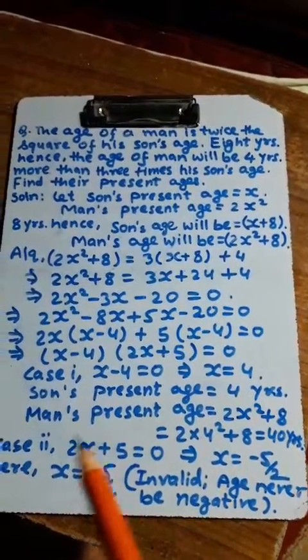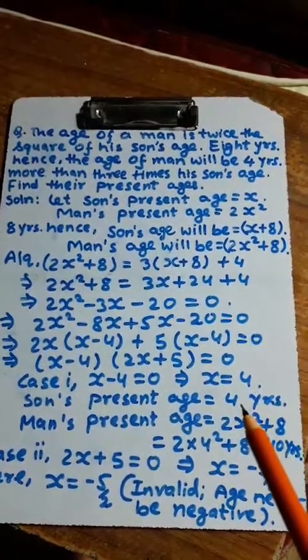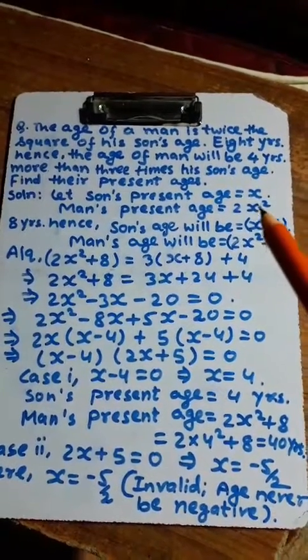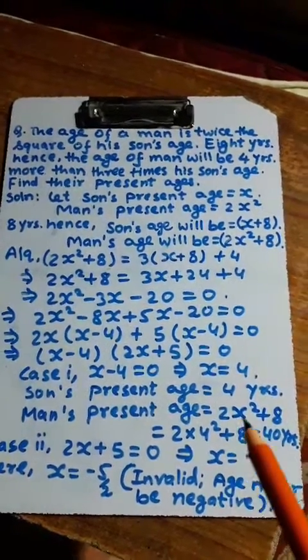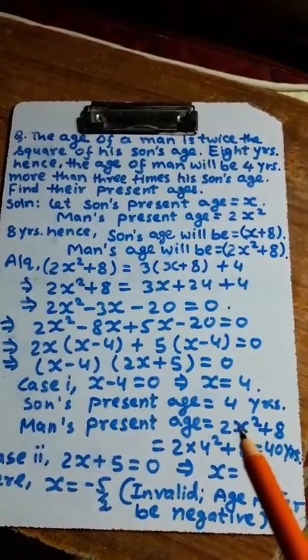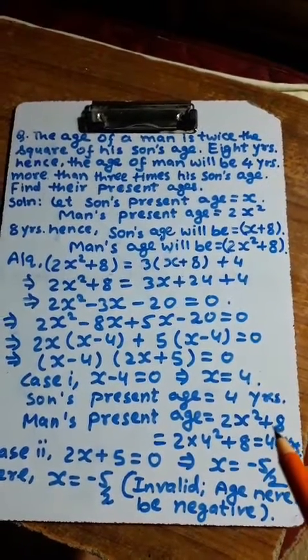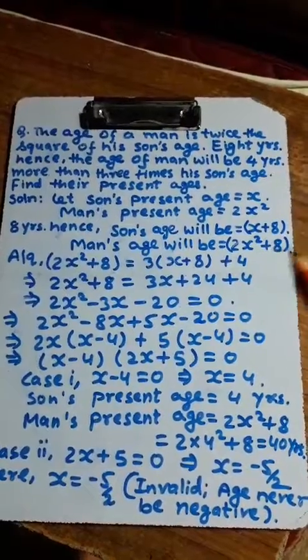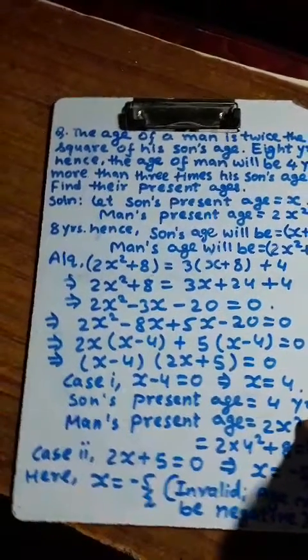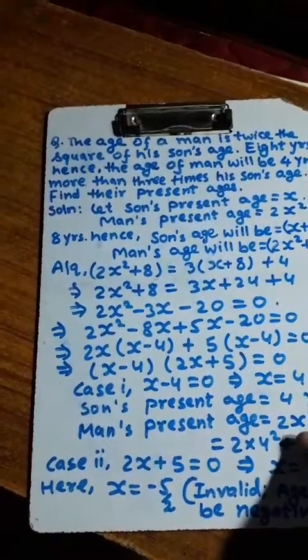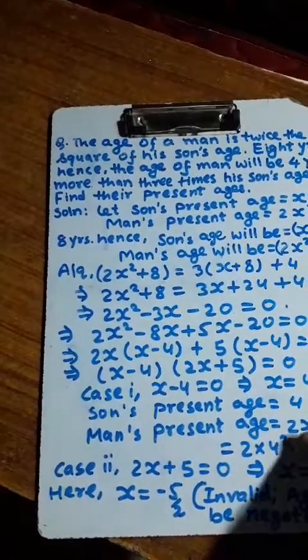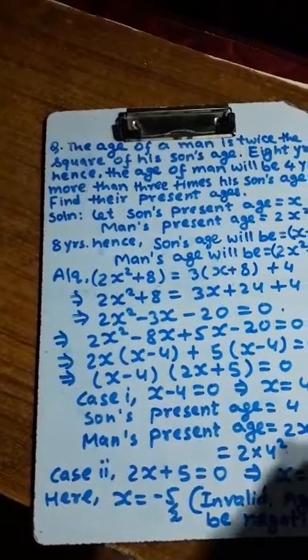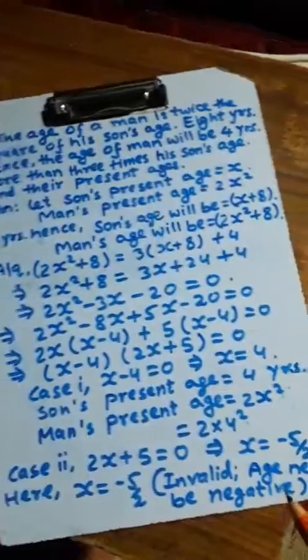Okay. Now for the man's present age, put the value 4 here, in 2x square. 2 into x square. This is the present age. What is the value? The value will be 32.